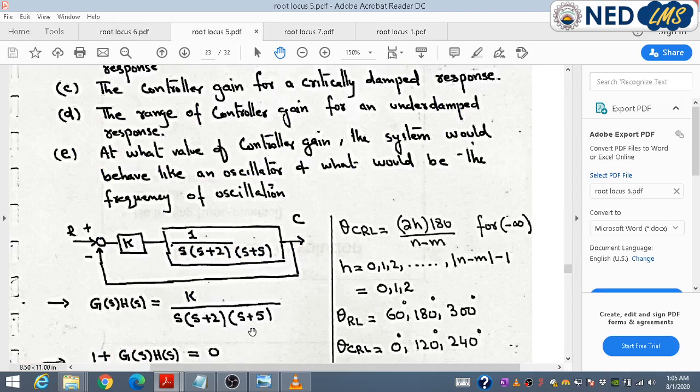I have inserted one more pole on the left side of these two poles, 0 and -2.